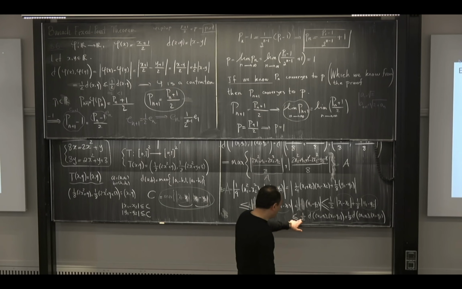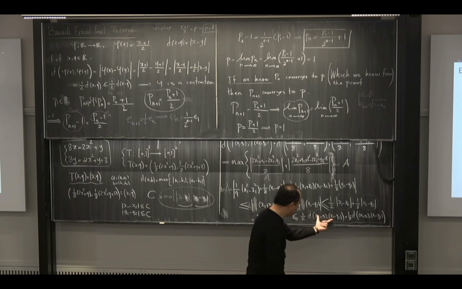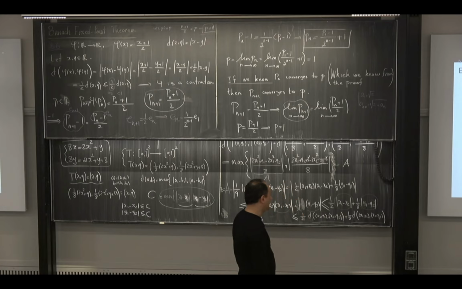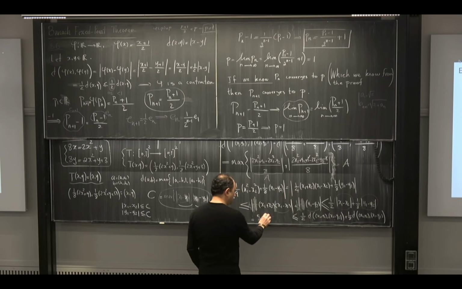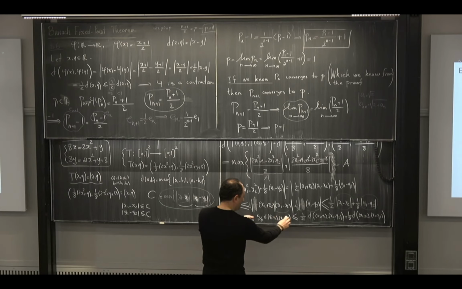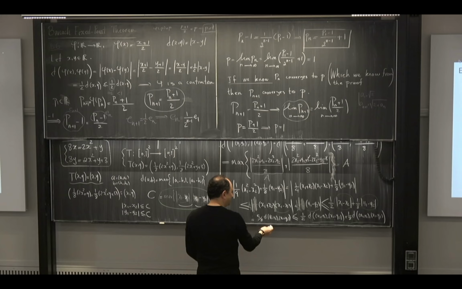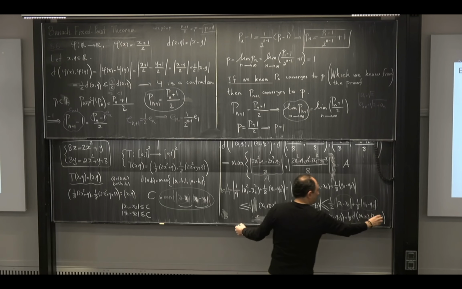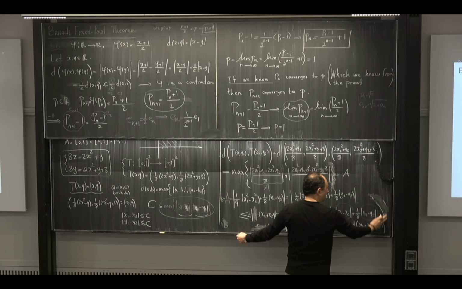So then 1/2 of the same number plus 1/8 of the same number becomes 1/2 plus 1/8. What is that? 5/8 of that number. So this becomes equal to what? 5/8, the distance of x1, y1, and x2, y2.